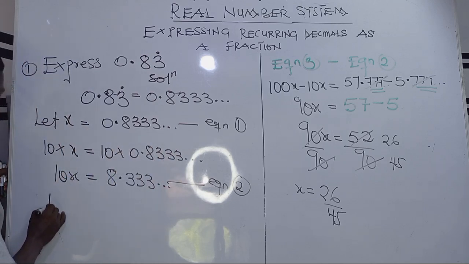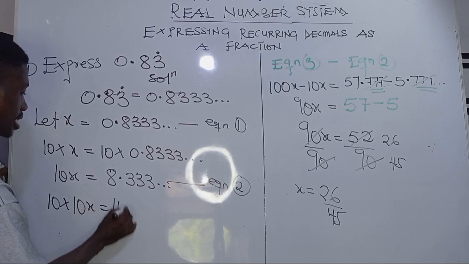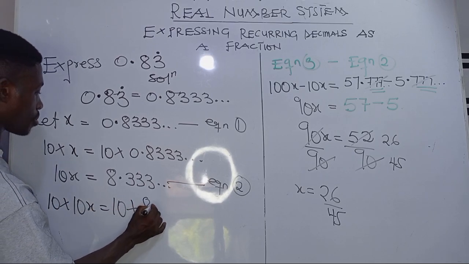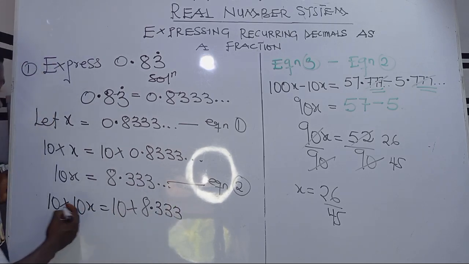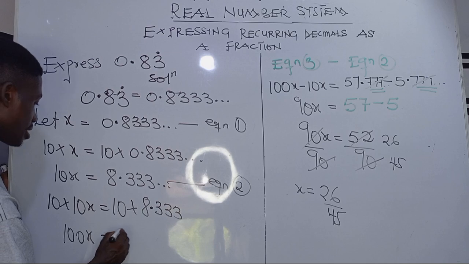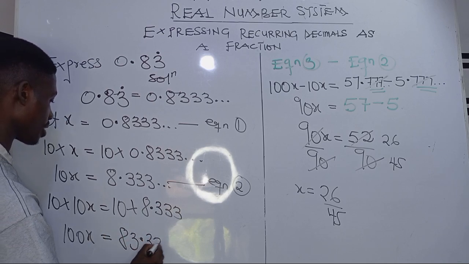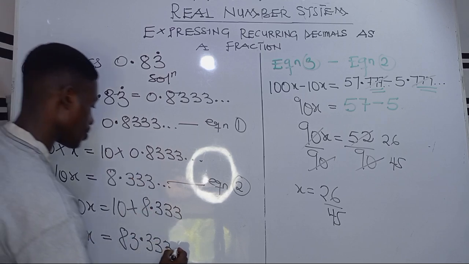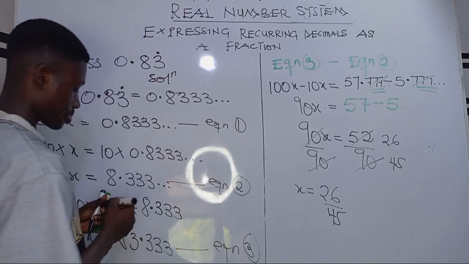So we have 10 times 10x is equal to 10 times 8.333. Let's simplify. 10 times 10x will give us 100x, and this will give us 83.333. Let's call this equation 3.